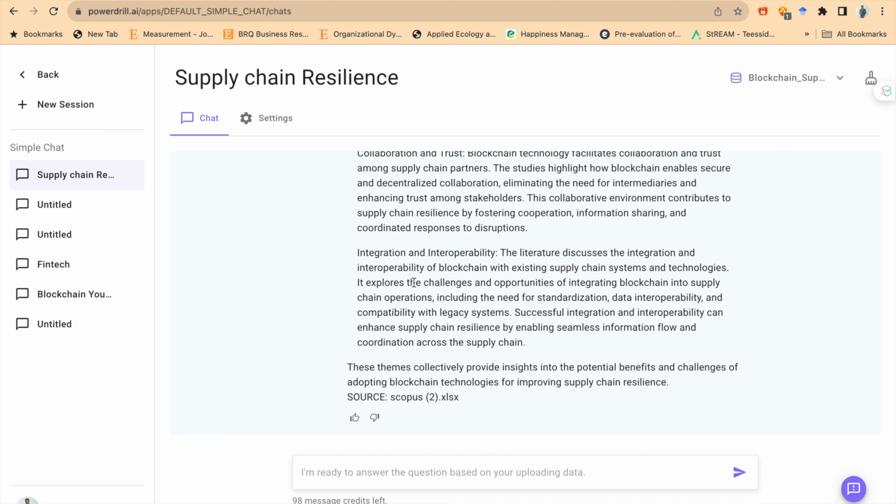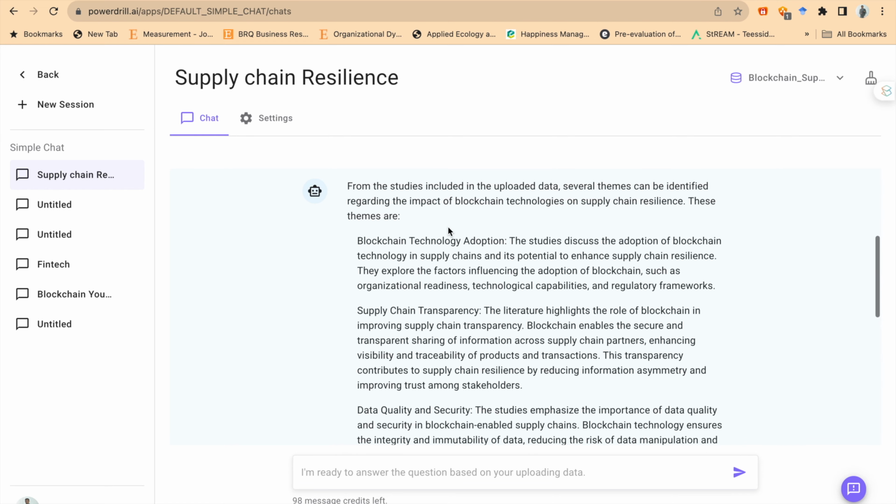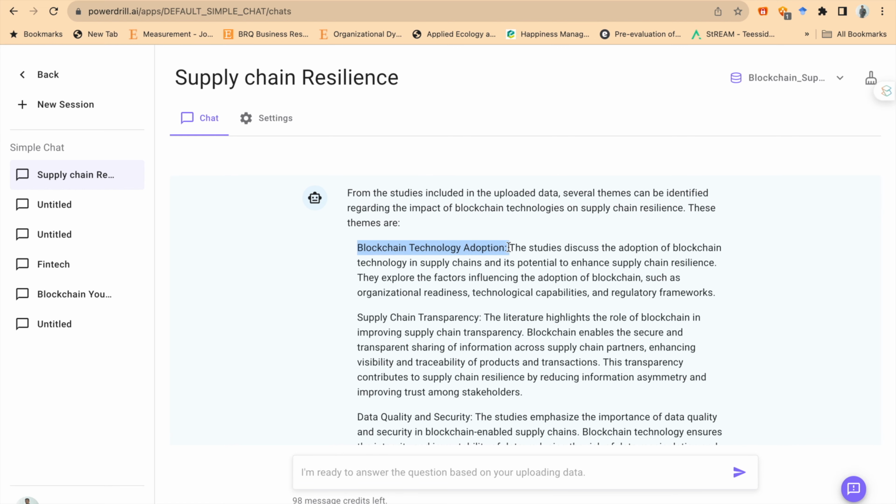The first thing is about working within blockchain adoption. Let's talk about this theme only, and we'll be working on this keyword, blockchain technology adoption. I would be looking at what prompts are useful here.